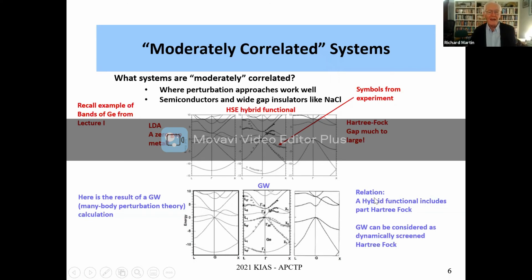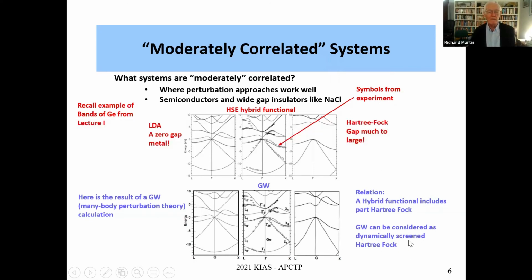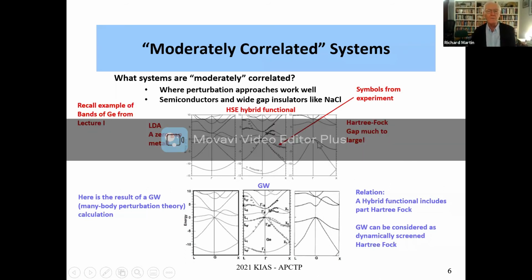So they actually have a close relationship, and the many-body calculations can be used to justify and to derive new functionals. So it's a good relationship with density functional theory.